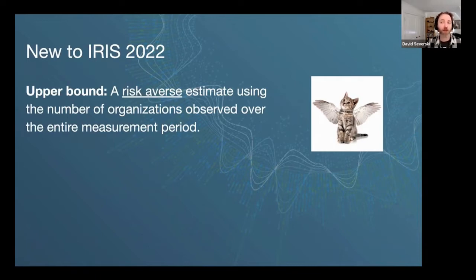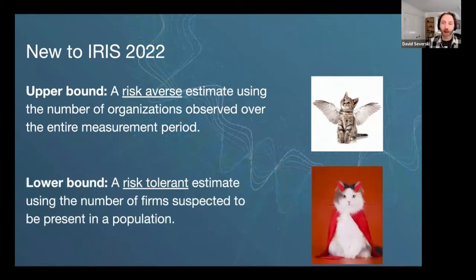And we're using a 10-year period here, from 2011 to 2021, as our measurement period, where we can look at the total number of organizations that we have observed over that entire measurement period. On the other side, we can take a lower bound, a risk-tolerant approach, where you are more willing to take on risk because you have more resilient controls and so forth.